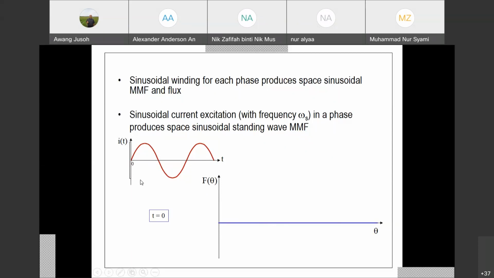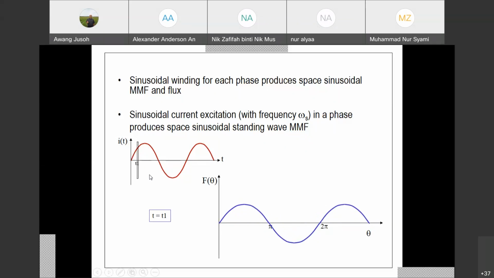Now the current changes from T0 to T1, where T1 is half the peak of the maximum current. So this flux is generated in this machine. You can see this kind of flux, 0 to pi, this one cycle. At T1 the current is half, so you get half maximum flux.